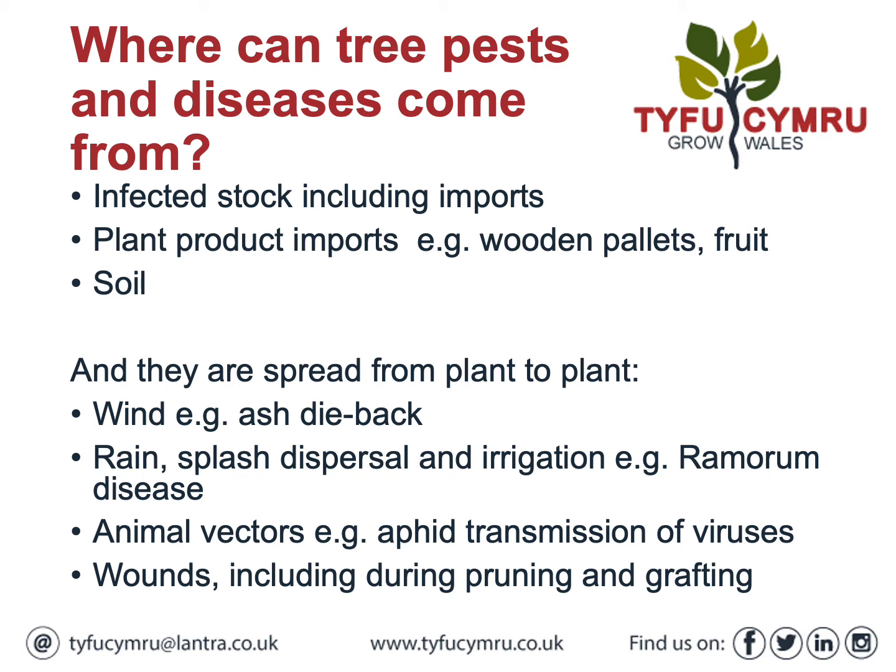Animal vectors are also important, so aphids are known to transmit a number of viruses between plants. And also there's that problem of mechanical damage again. So when you're pruning or grafting, if the instruments aren't cleaned between plants, then when you produce the next cut, it might carry the pathogen into the next plant that you're dealing with.